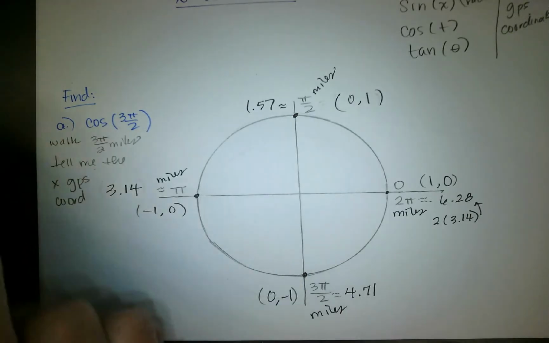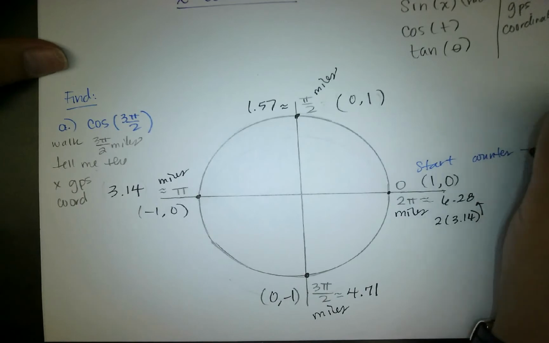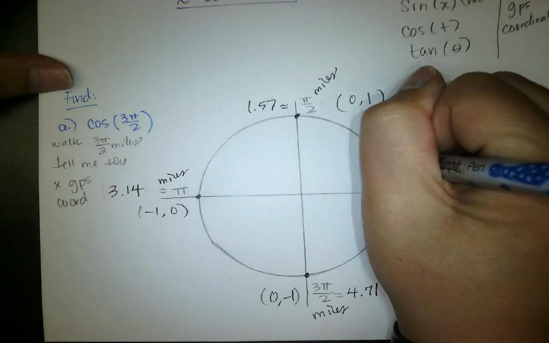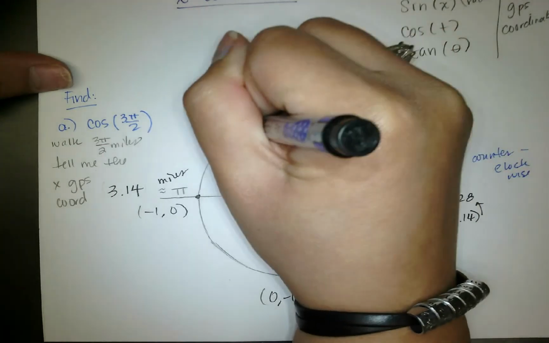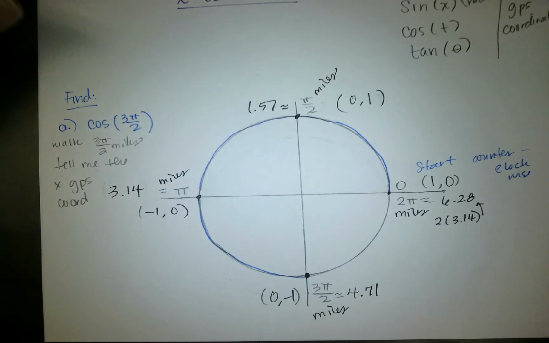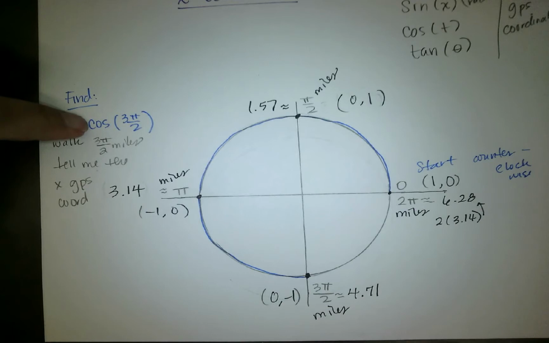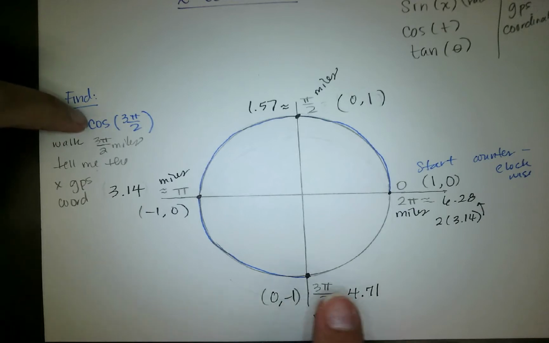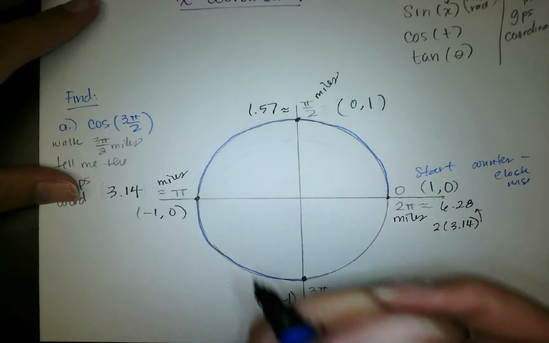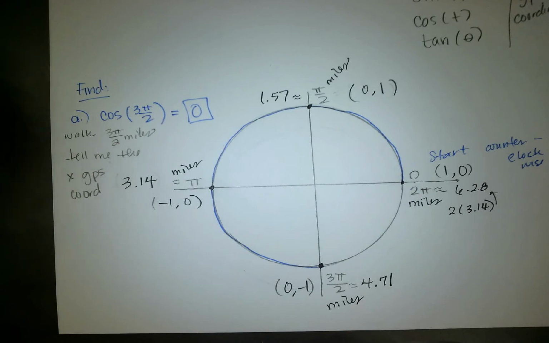So here we go. I'm going to walk starting at 0, and you move counterclockwise. I got some energy today, and I'm going to walk around this track, and I want to go 3 pi over 2 miles. So I land here. I want to know the cosine value, so that is the x coordinate. What is the x coordinate at 3 pi over 2? It is 0. So it equals 0. That's the answer, and that's cosine of 3 pi over 2.